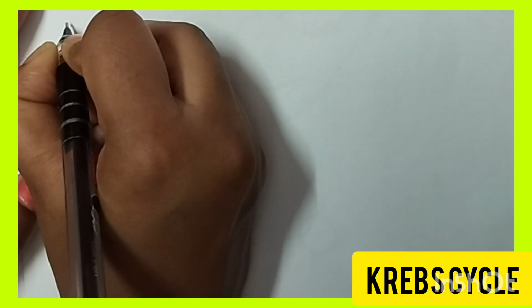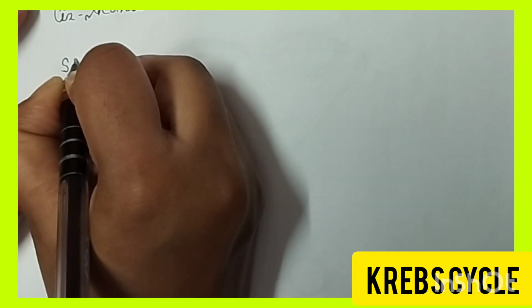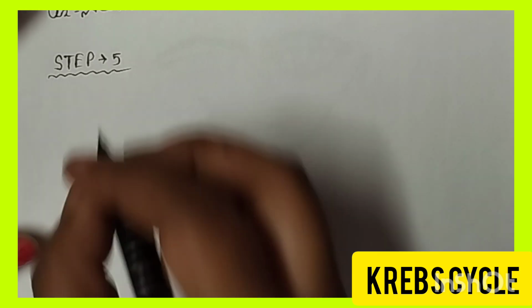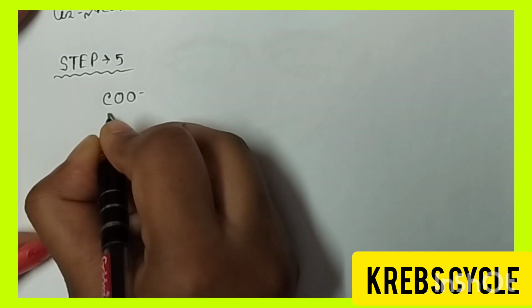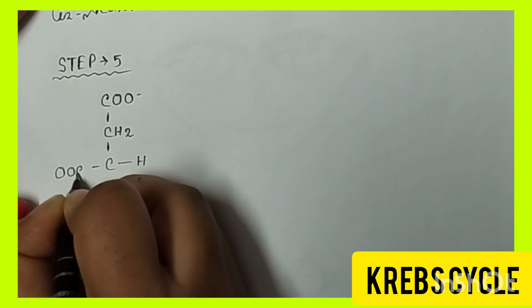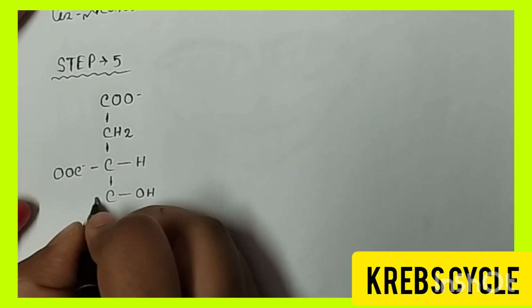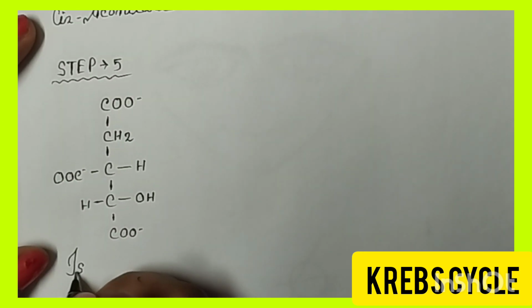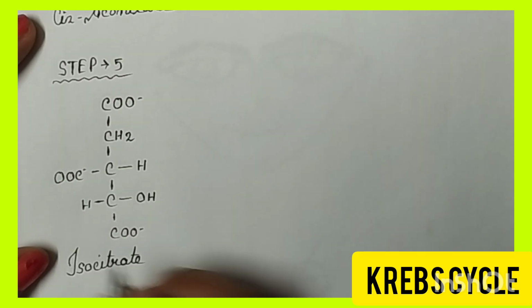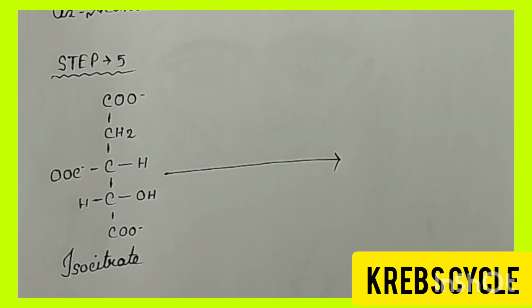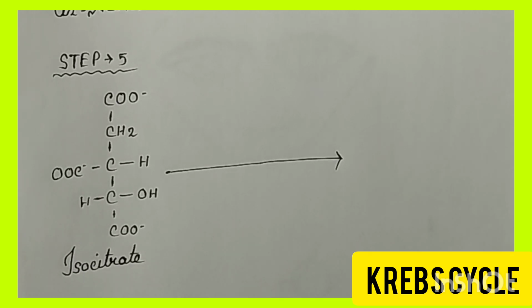The fifth step. I draw the isocitrate structure. In these reactions, isocitrate is converted to alpha ketoglutarate with the help of the enzyme isocitrate dehydrogenase.